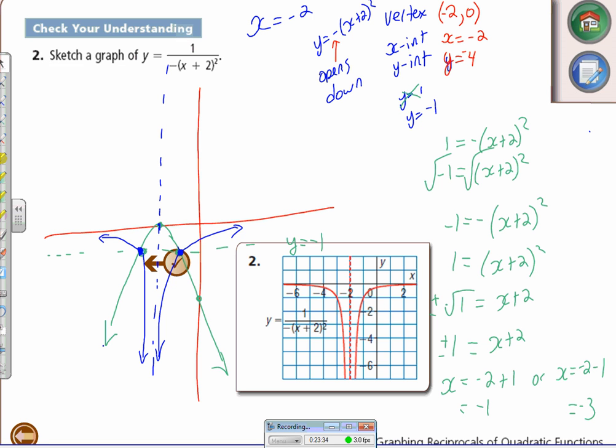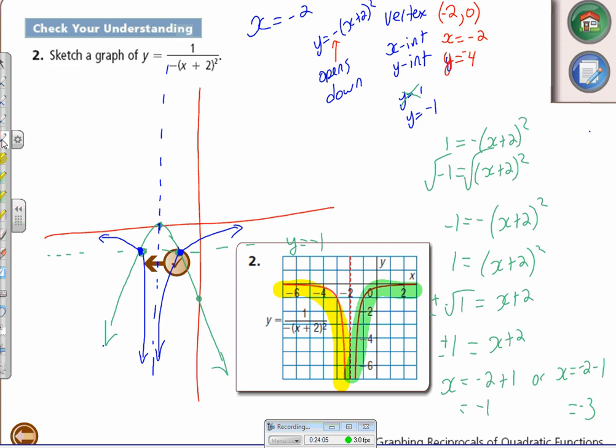So notice that about the asymptote, right there, we've got two sides that are symmetrical. Because the original quadratic was symmetrical about the line of symmetry, about the vertex, we're going to have symmetry about the vertex, where the vertex was on this one as well.